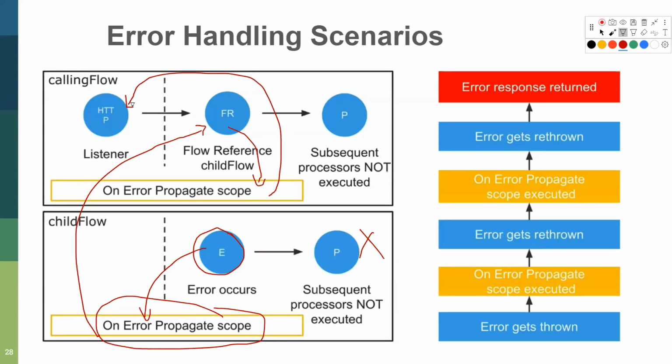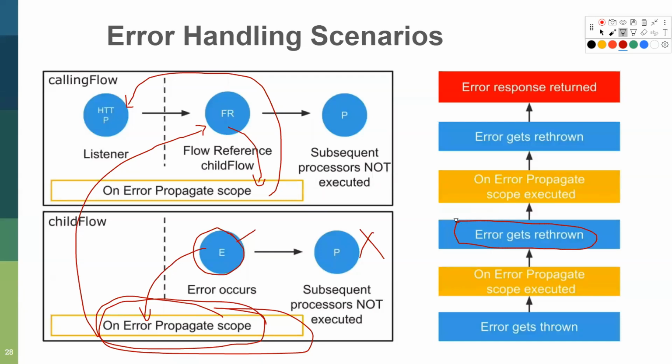That is what we see here. On the right, you can see the summary. The error gets thrown, then the on error propagate scope gets executed, which is this one on the bottom. We know on error propagate is error in, error out, so it throws the error. This is what the flow reference gets from the child flow.